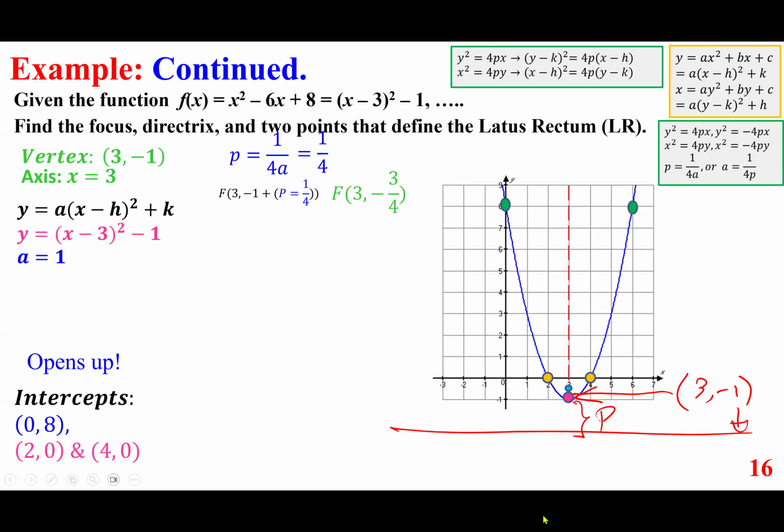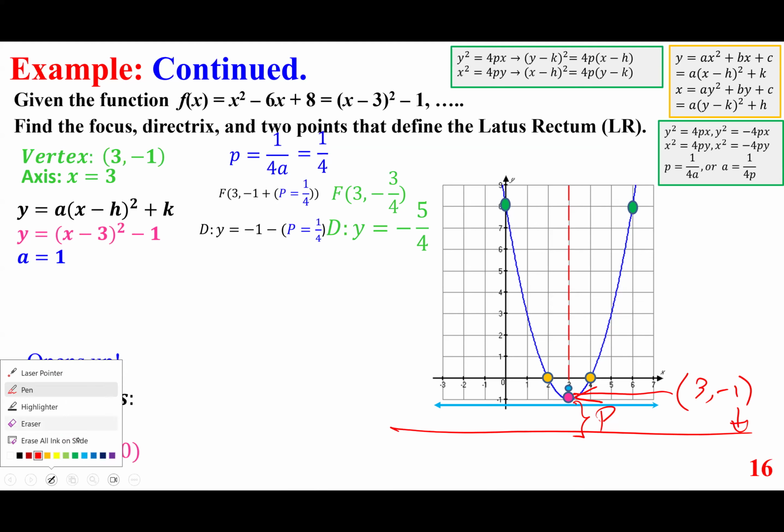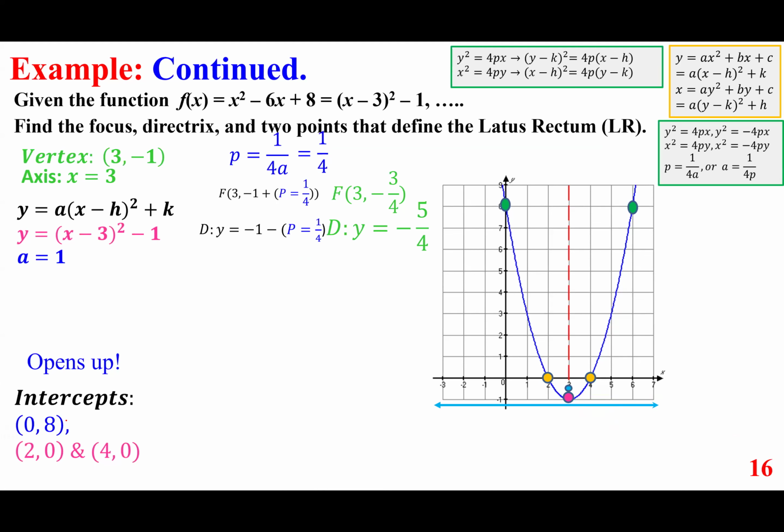So y equals -1 minus p. That means -1 minus 5/4. Again, I erased my work. I just wanted to make a point. This is how you find that.